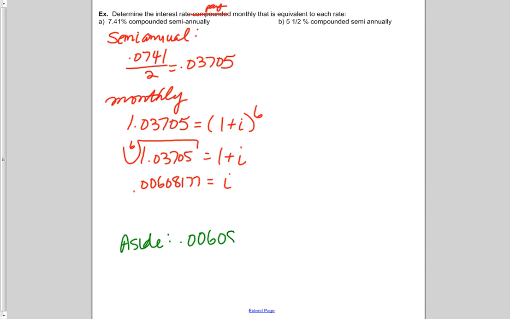If I take that 0.0060817 and multiply it by 12, just as an aside, I get 0.07298, which is a 7.3-ish% compounded monthly rate.